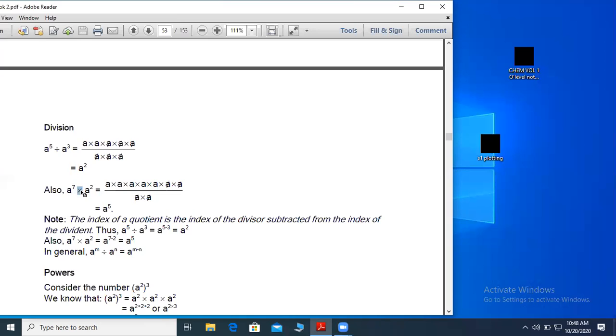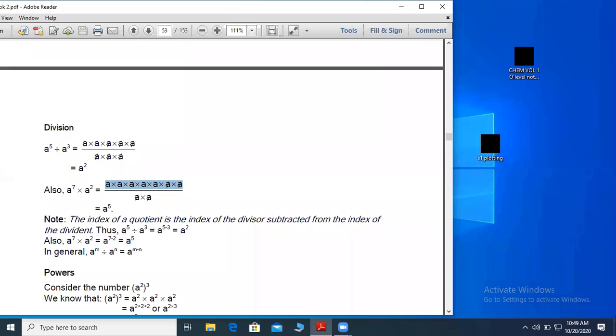If you have a power 7 and we are dividing it by a power 2, we shall have a times a 7 times, and we divide it by a power 2, which is a times a 2 times, and the a's will cancel, so the answer is a power 5.